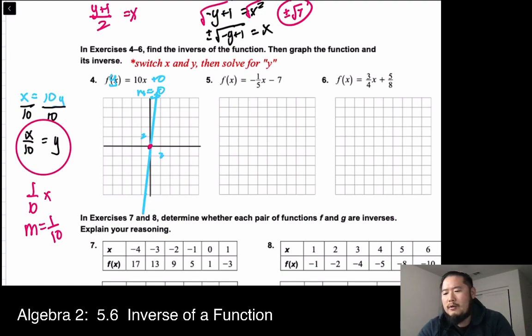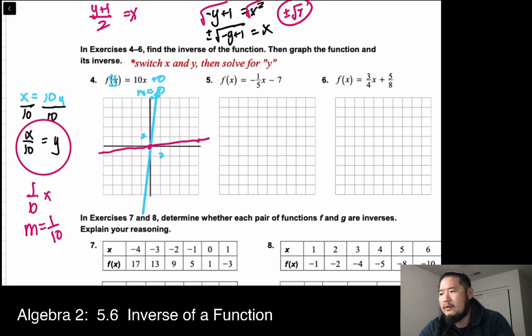And then our slope is up 1 to the right 10. So if I go up 1 unit and then all the way to the right 10 units, there you have it again. There is our function. Okay, let's draw ourselves a line that goes through that. And there you go. There's your function.